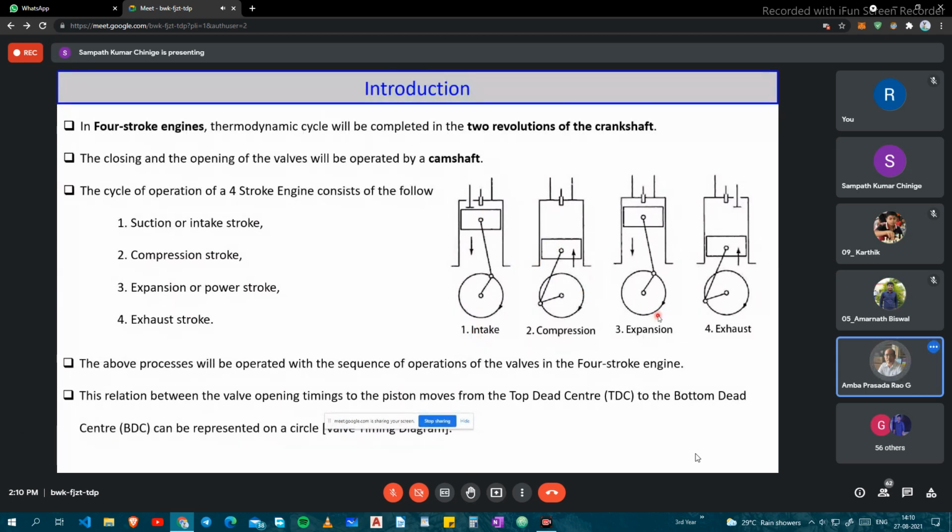As the piston moves from bottom center to top center, both valves are closed, so another 180 degrees is completed.